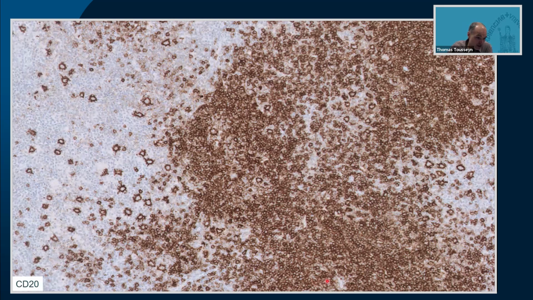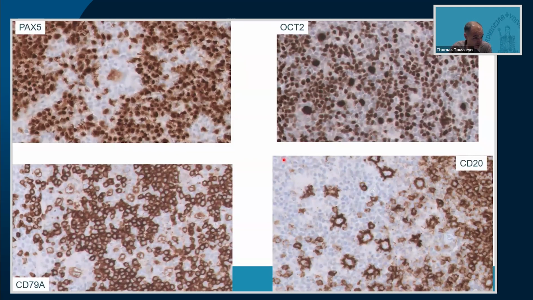They are present partly in B cell areas, and they are partly in the interfollicular area, but they are mainly in these B cell areas. Other B cell markers, so PAX5, but also expression of OCT2, expression of CD20, as I showed, and also expression of CD79A.